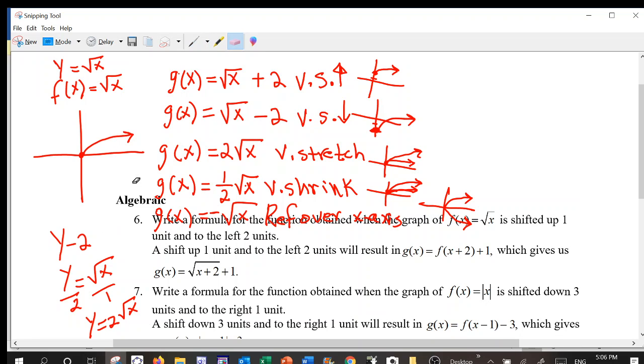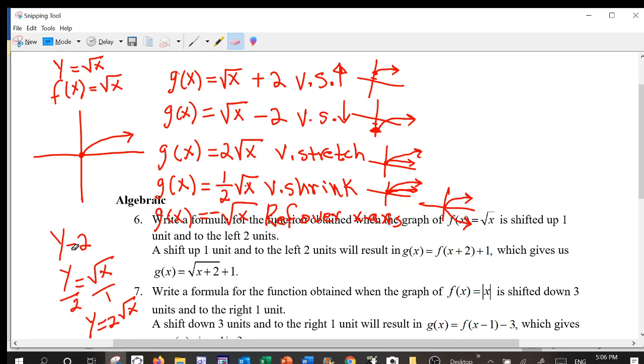So in the formula, if you do something to the variable itself, not to the right-hand side, then what happens to the graph is the inverse of that operation. So if I subtract from y, actually the graph goes up.